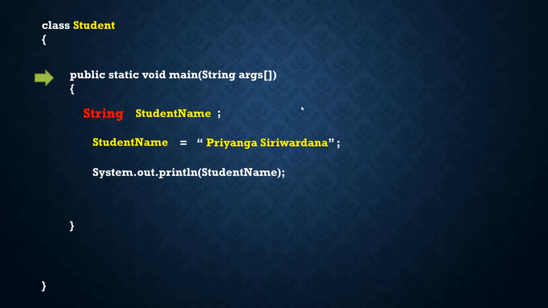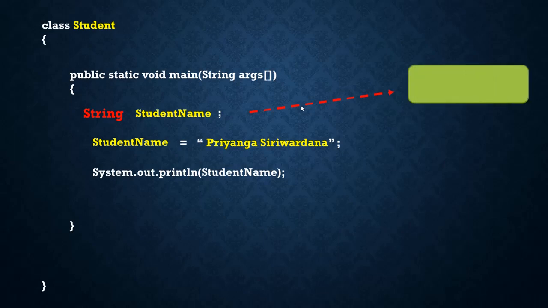At execution time, it will run line by line, and once it comes to the variable declaration, it will create a variable, and in your memory space we create a memory slot for this variable. Then when we initialize the variable, that memory slot will get the assigned value. Here student name equals Priyanga Srivardhana, and the memory slot will be assigned Priyanga Srivardhana.